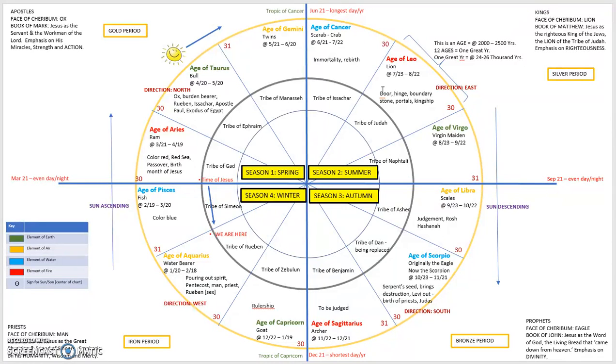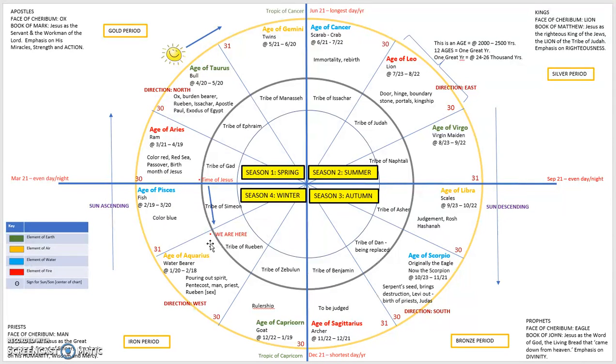And so then I also learned that around this age, right where that dot is, was the time of Jesus. So Jesus was born just before the age of Pisces. And this is approximately where we are right now. We've just entered into the age of Aquarius.